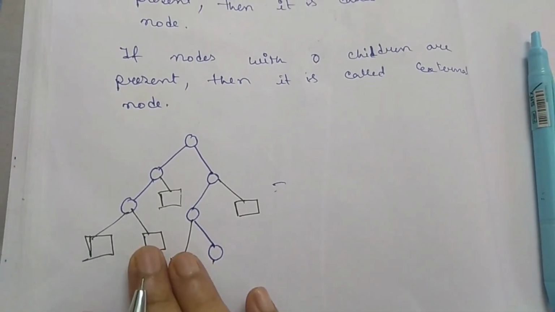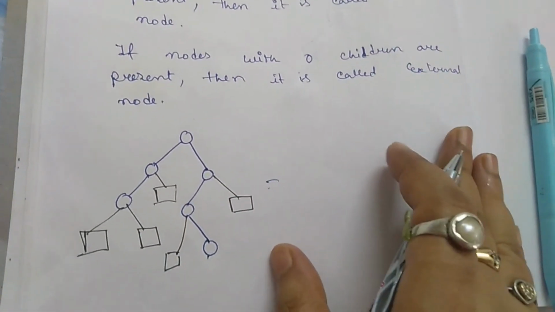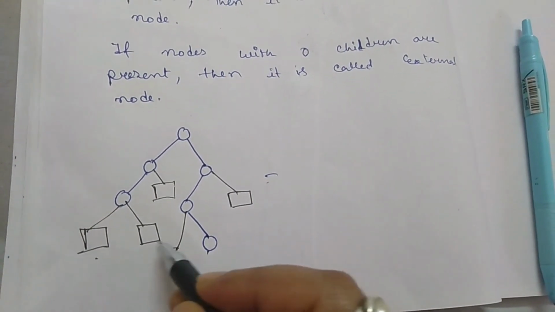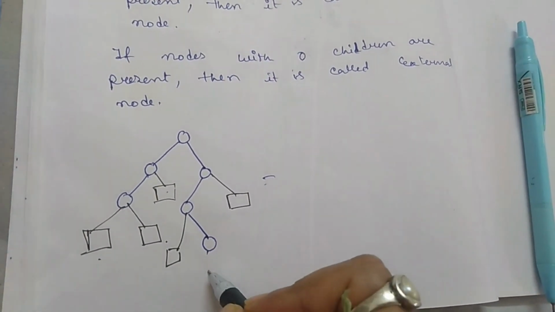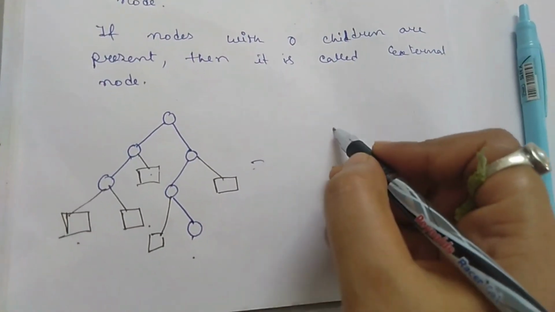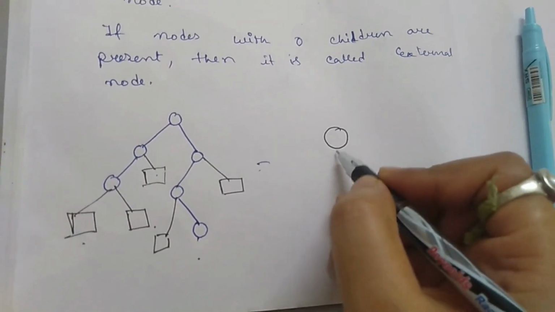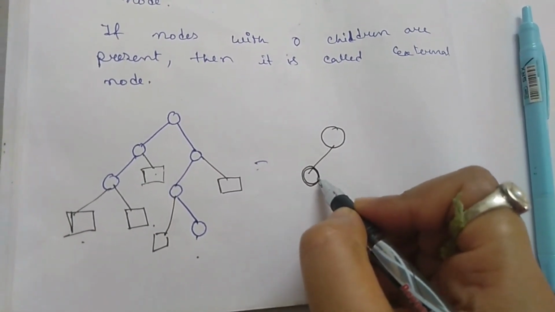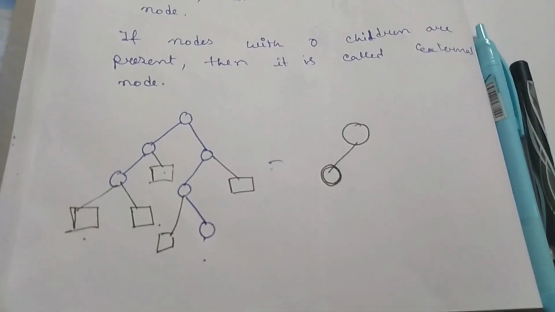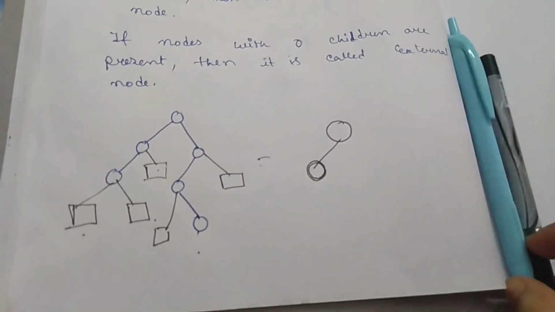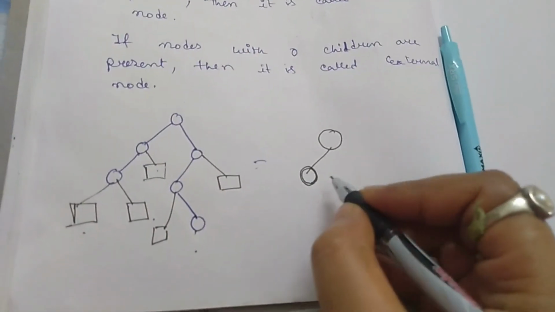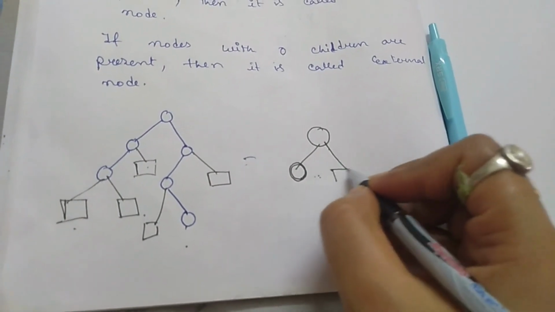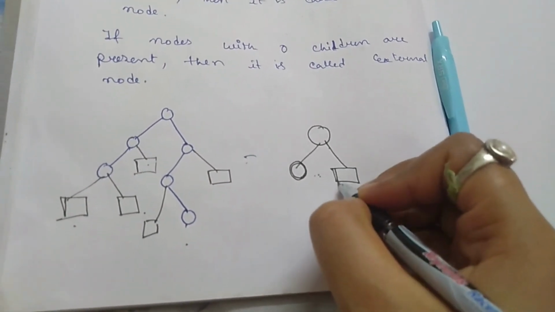So according to the definition, each node contains either 0 or 2 children. So here we see that each node contains 2 children. Okay. Now if a tree is considered with 1 degree, then we must convert this tree into a 2 degree tree, or with 2 children.